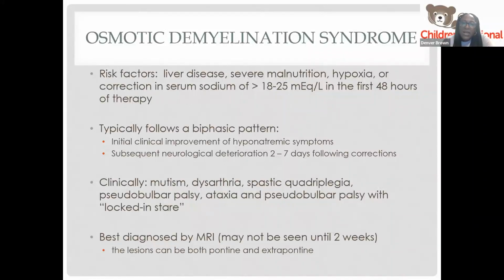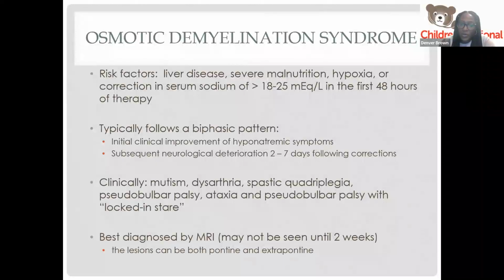The symptoms of osmotic demyelination syndrome are mutism, or inability to talk, disordered movement like dysarthria, spastic quadriplegia, pseudobulbar palsy, which is a sort of paralytic state, ataxia, and this locked-in stare.